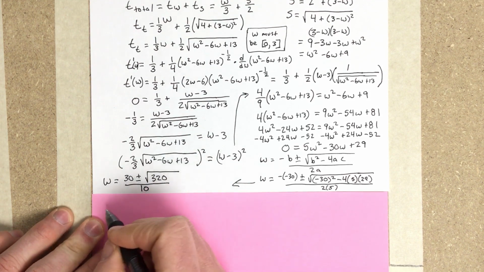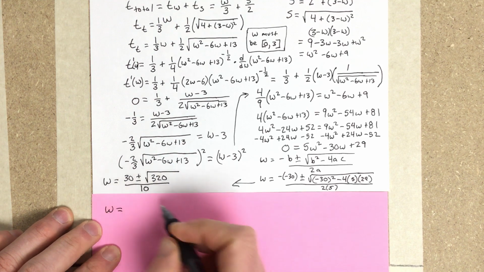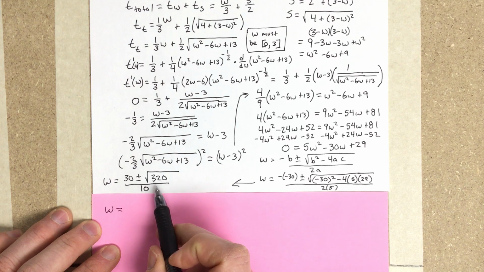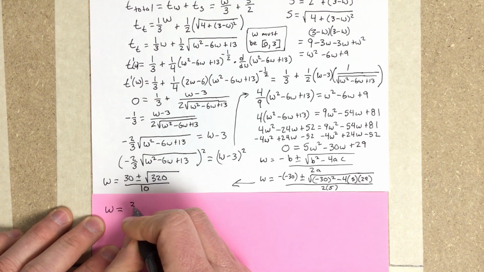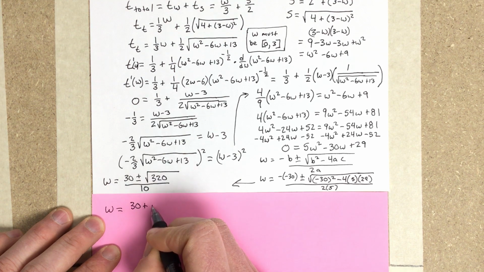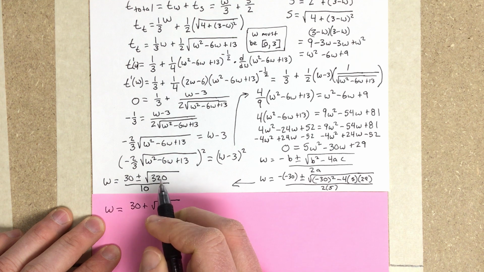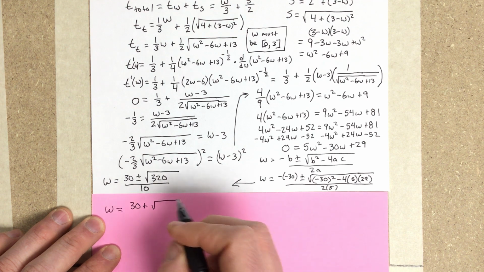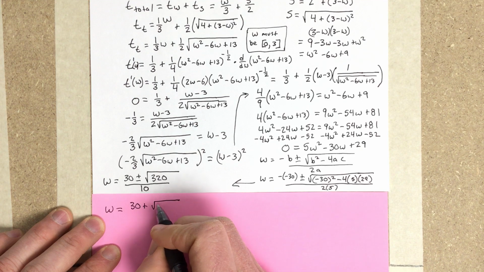So then w is equal to the root of 320. I don't see a reason to necessarily reduce that. The problem said to round to the nearest hundredth of an hour, so we're going to be okay here.